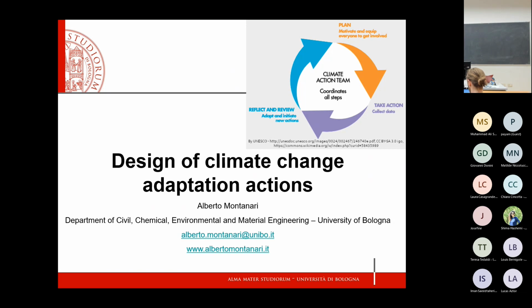We made some reference especially to the water cycle. Today we made a reference to the urban heat island, and a model was presented in order to estimate the heat island effect. But so far we didn't discuss specifically the actions, which is something that I want to start today. And we didn't discuss how to prioritize these actions.